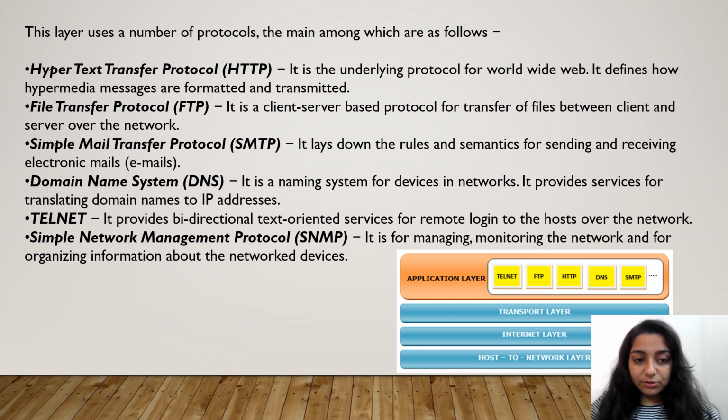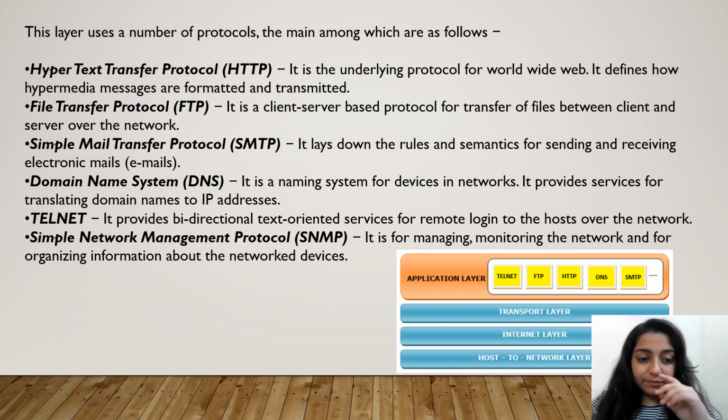Next is Simple Mail Transfer Protocol, SMTP. What does it do? It lays down rules on how the sending and receiving of electronic emails is to be done. Next is the Domain Name System. As the name suggests, naming. It is a naming system for devices in the same network.